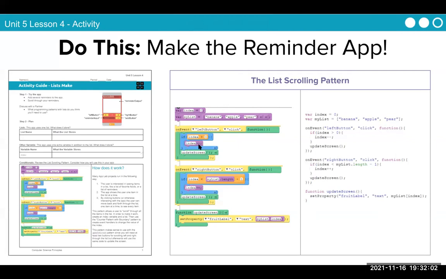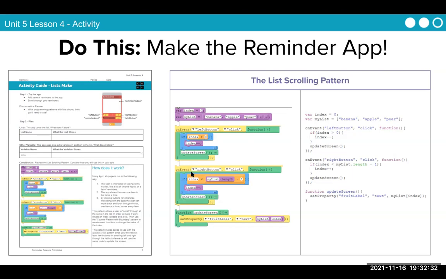This minus minus is short for index minus 1, it's a way of showing you're subtracting 1 from it. So when you push the left button, it is counting to the left on your list only as far as the index is greater than 0. Once the index hits 0, it's going to stop.